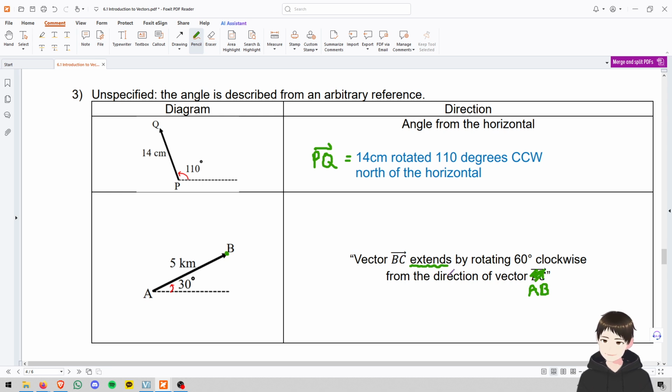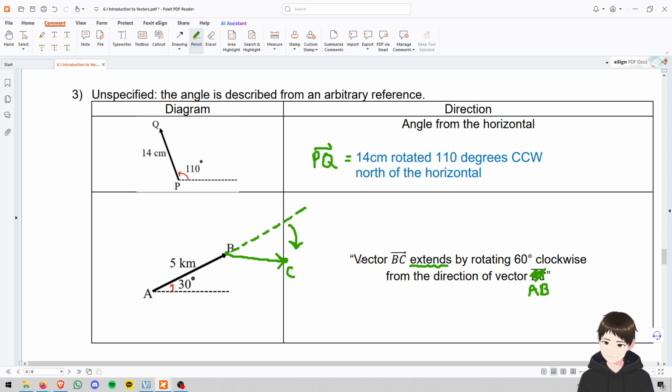What is this describing? Well, the direction of vector AB is here. That is the extended vector AB. Vector BC from B, it will rotate 60 degrees in the clockwise direction. And so it would be something like that. That would be C.